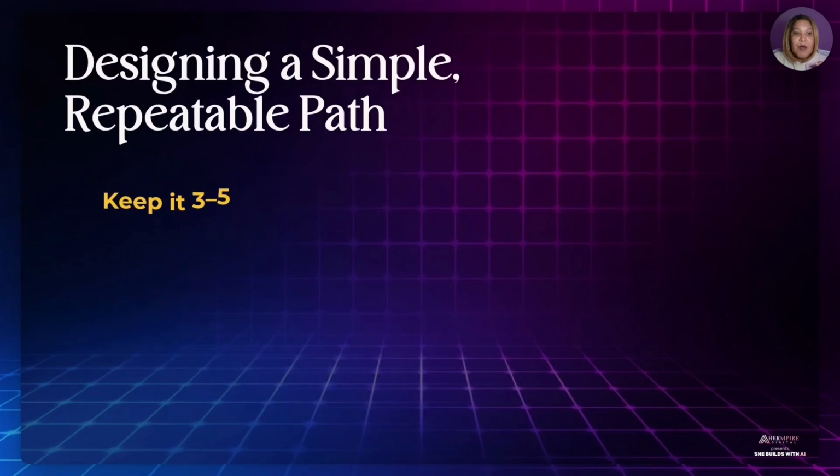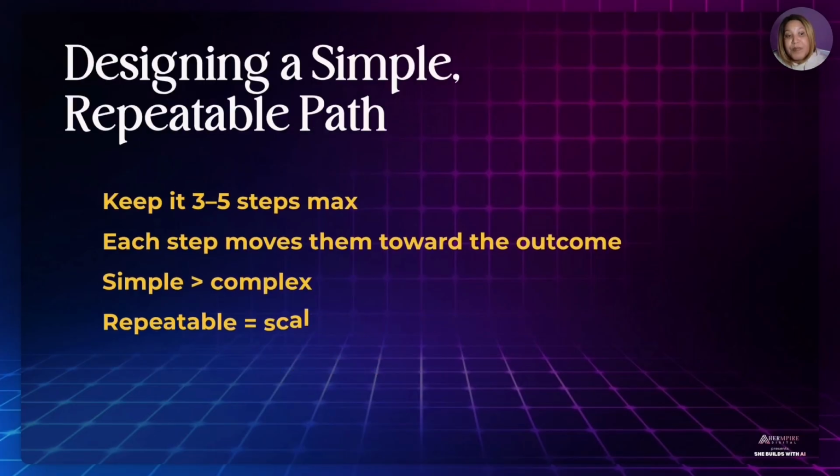Okay, now designing a simple, repeatable path. All right, now part of this signature offer is having this. It has to be repeatable and it needs to be a path. And that path, most people call the customer journey. It needs to be a repeatable path that they can follow, that you can repeat over and over again. That way, you know the result at the end of that.